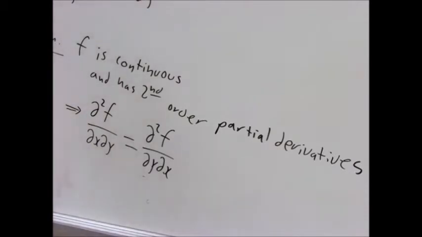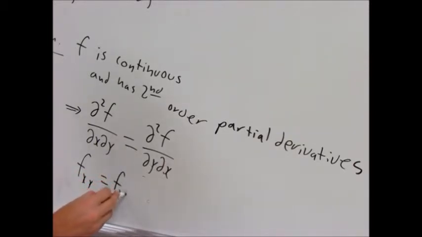So this is the equality of mixed second derivatives, or alternatively f_xy equals f_yx. And it does not seem very intuitive at first, but if you do some examples, you'll see that it does hold for all functions.